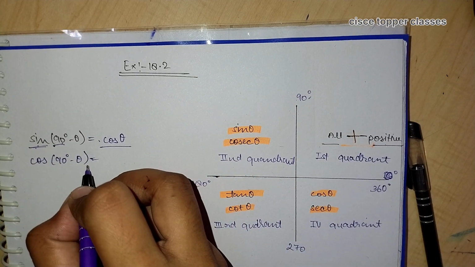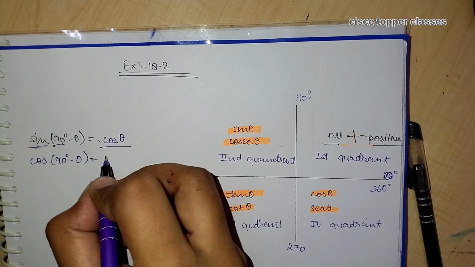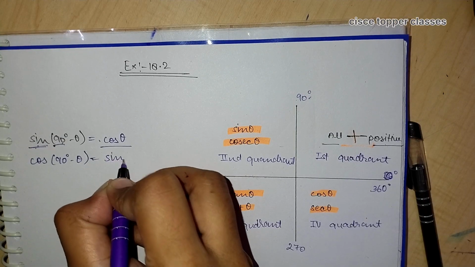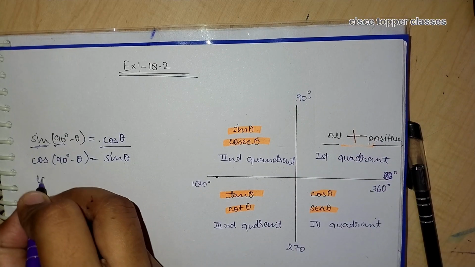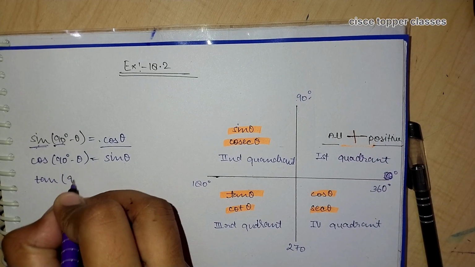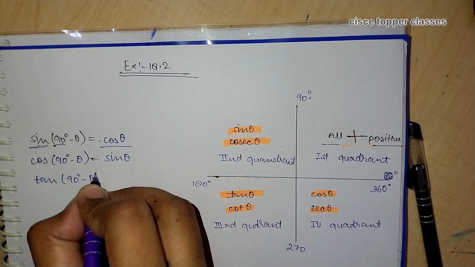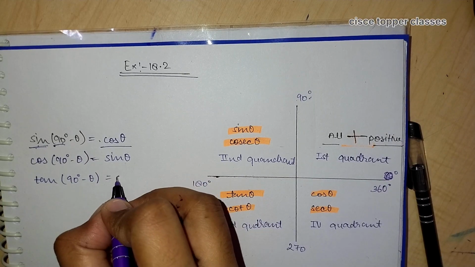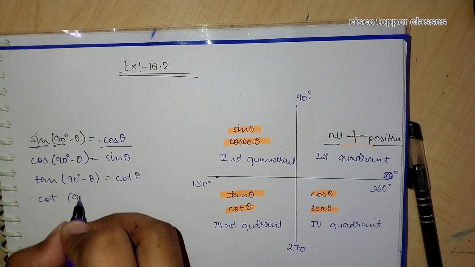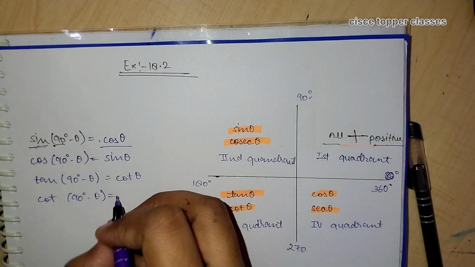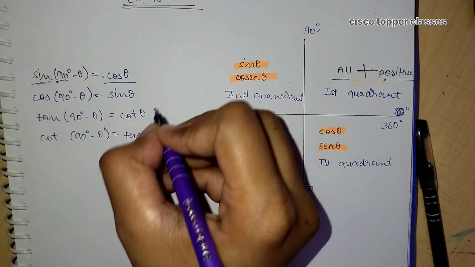So cos 90 minus theta we can write here sine theta, because cos 90 minus theta is all positive here. Now from this only we can write 90 degree minus theta here. So we can write cot theta, again it will be positive here. Cot 90 minus theta, if we write, it will be tan theta. This will be positive here.